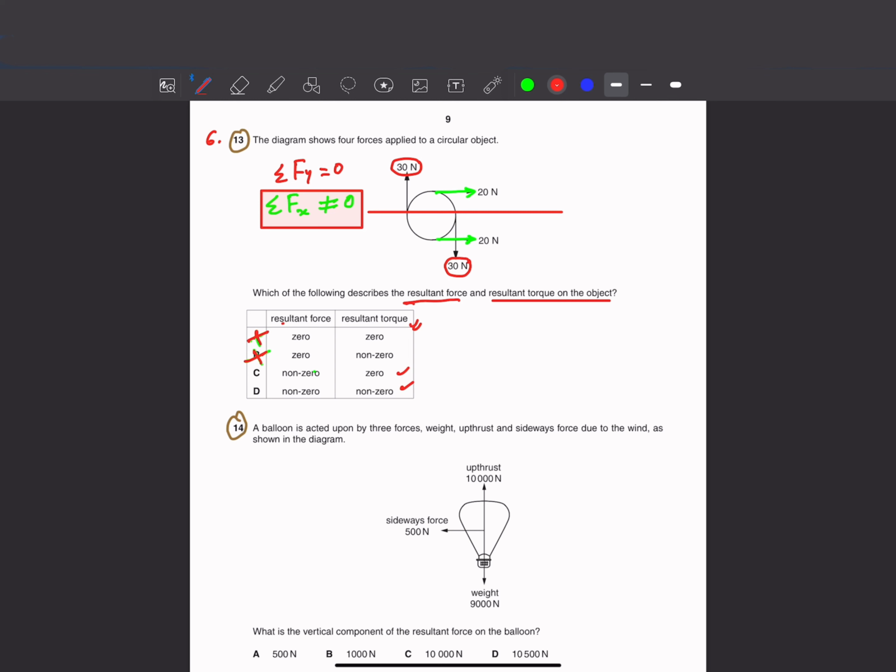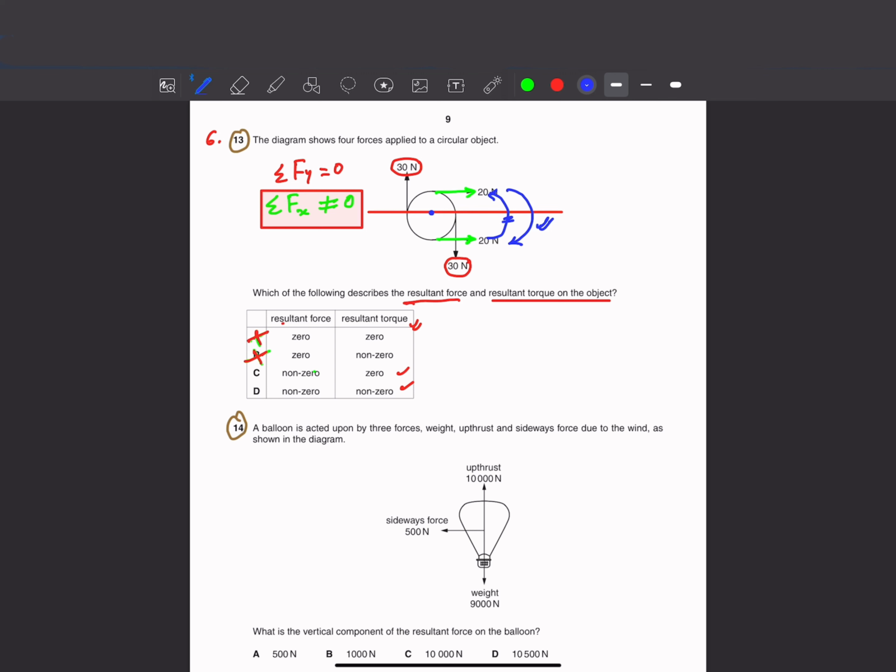As far as these two forces are concerned, the 20 Newton force is giving you the anti-clockwise rotation or moment, and this one is giving you the clockwise, sorry, this is giving you the clockwise and this is giving you the anti-clockwise moment if you have this point as a pivot.